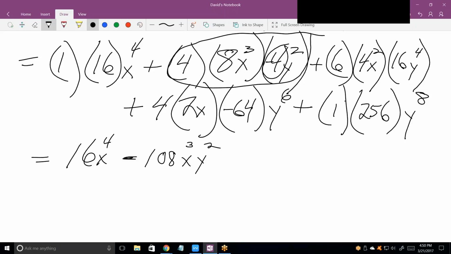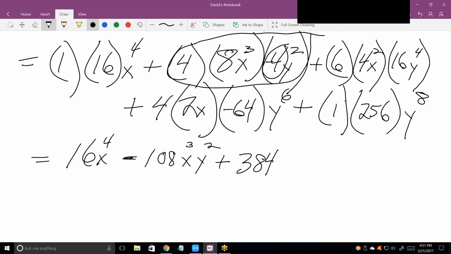And the only way we could get that number is if we actually did the entire thing, or at least the first two terms, right? Okay, let's keep going. Plus, you got a calculator in front of you? What's 24 times 16? 384.